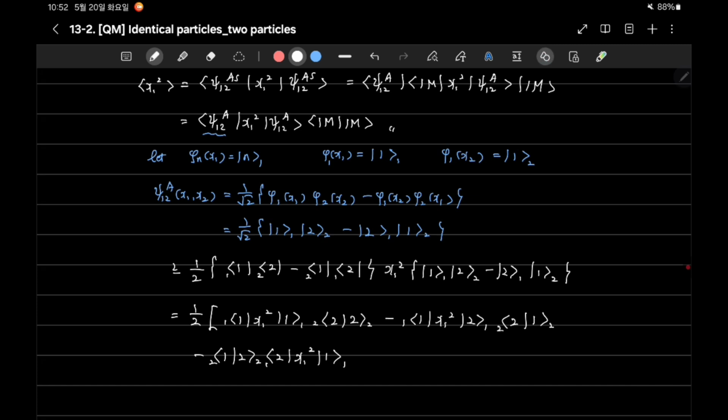And the final one is applying this and this and this, then plus 2 1, 1 2, and 2 1, 2, x1 square, 2 1.